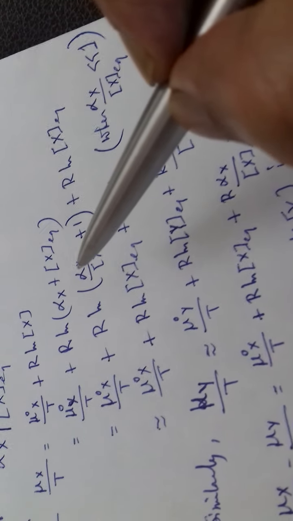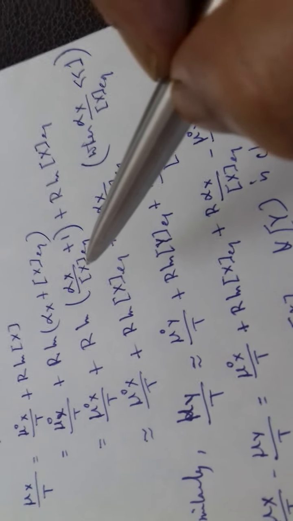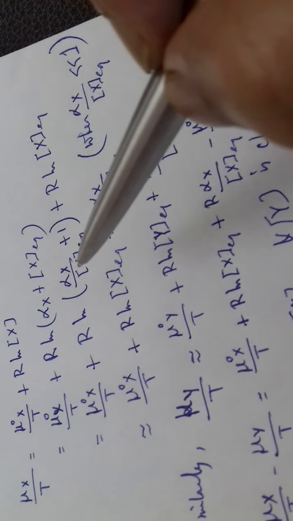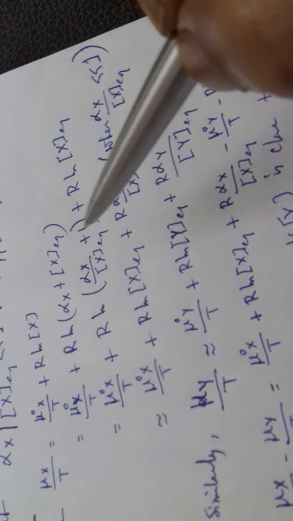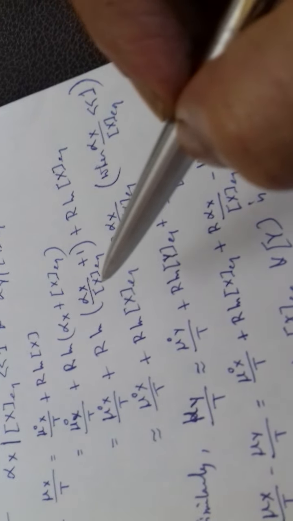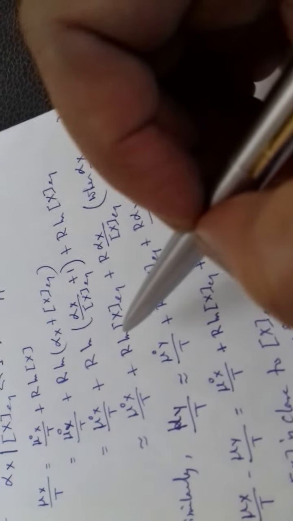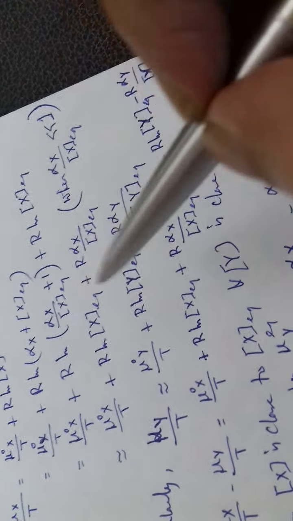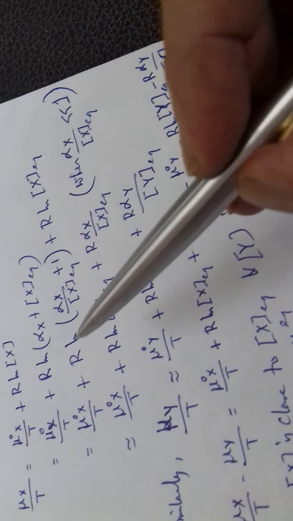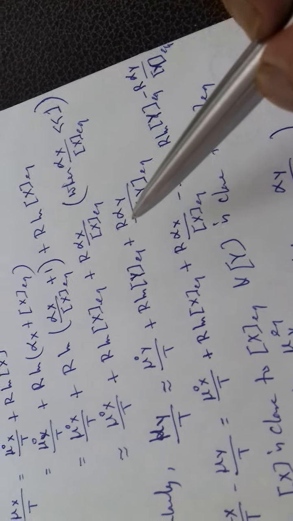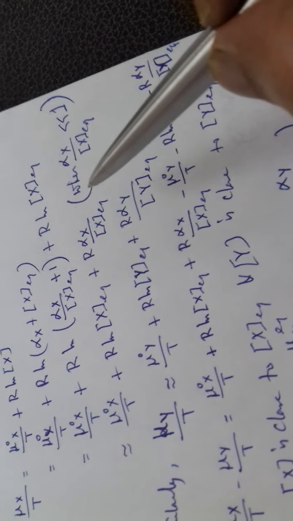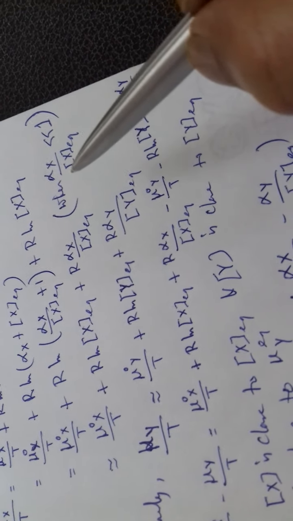So if αx by xq is very much less than 1, ln(1 plus x) is very close to x if x is very small compared to 1. So in that case, we can get out of this logarithmic sign and write it straight away as αx by xq. That is only possible when αx by xq is very much less than 1.